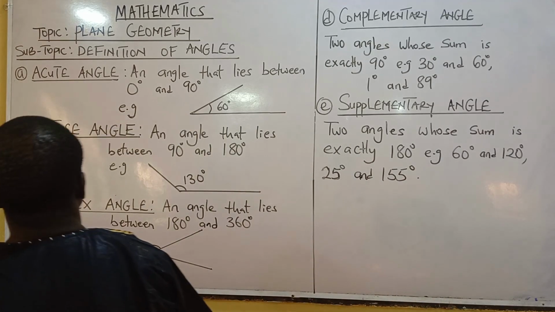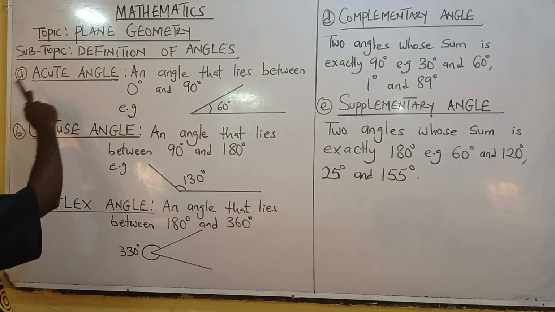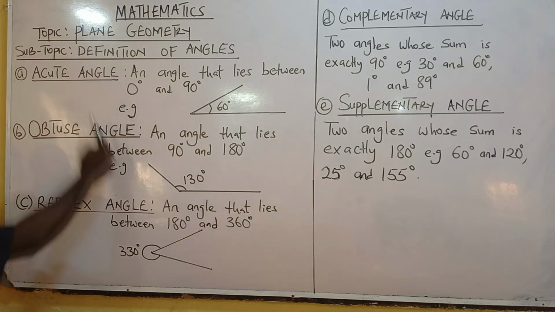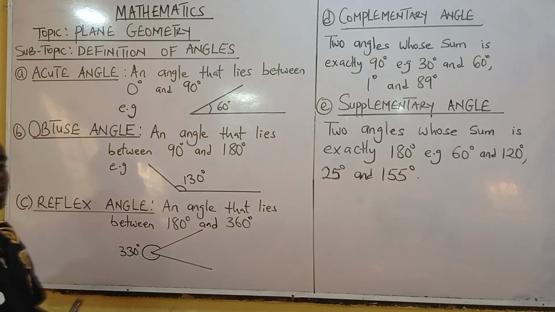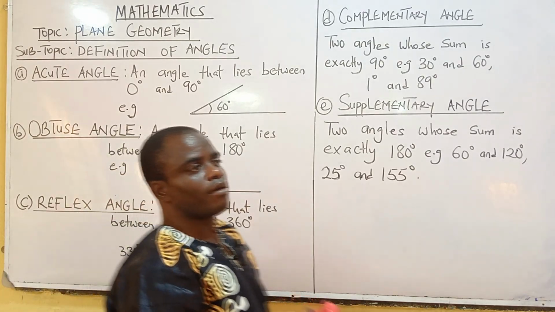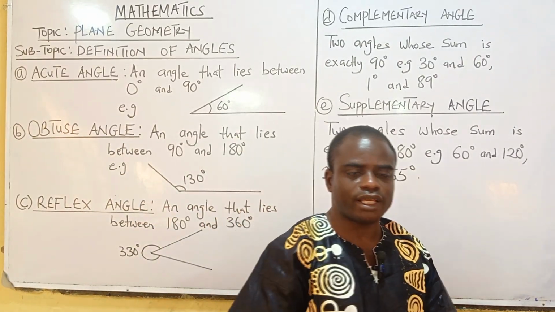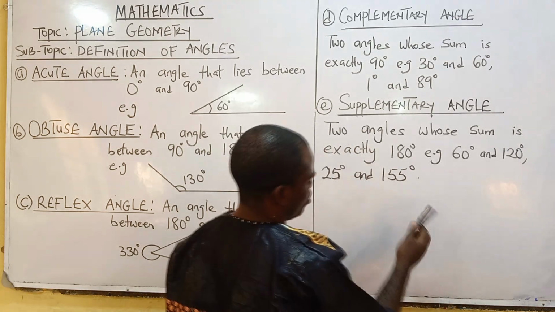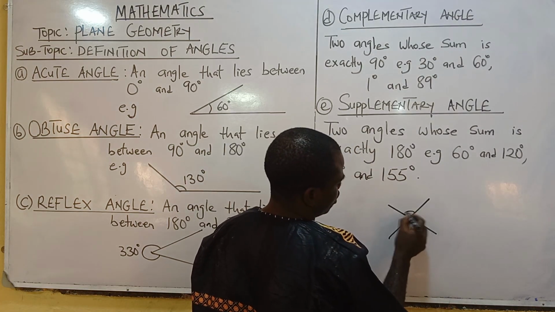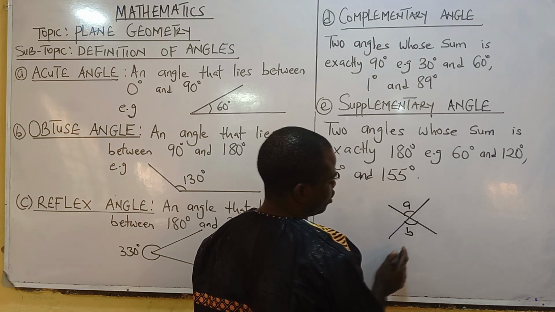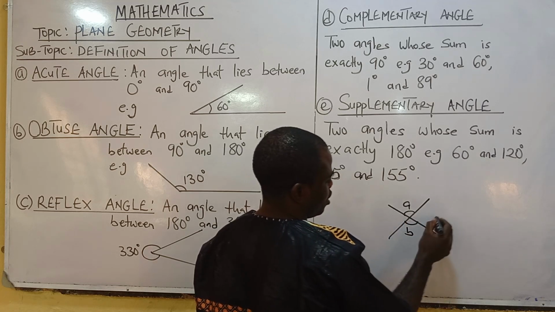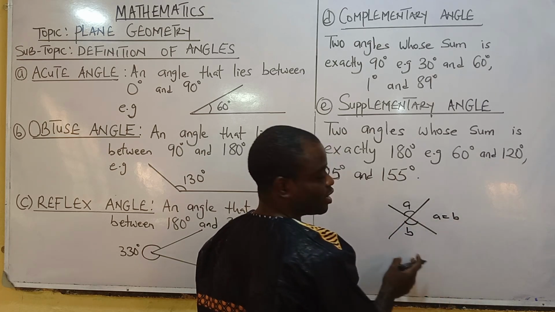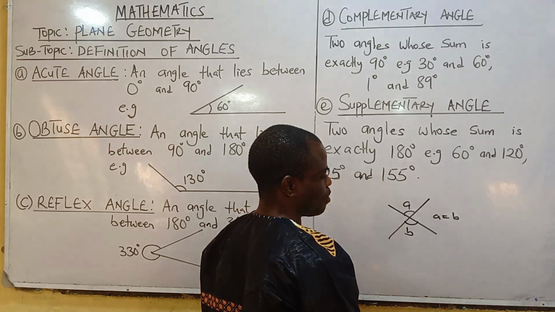Now let's see what the plane geometry says. We also have different angles like vertically opposite angles. They are equal. We have this A, we have this B. A equals B. The vertically opposite angles are equal.